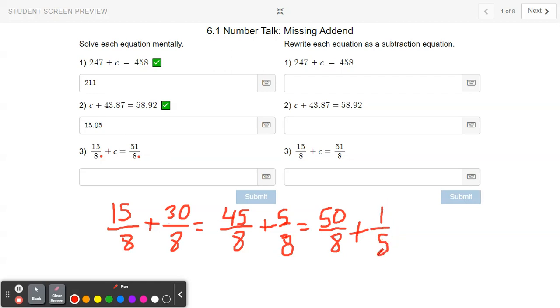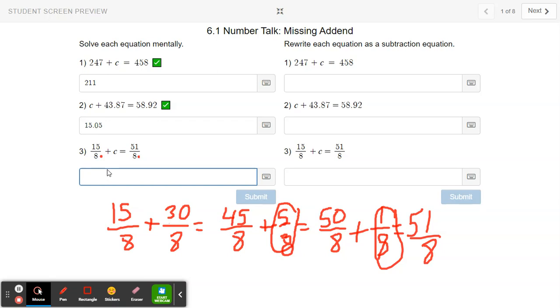And again, I'm just going to add up how many did I have to add on total to get the answer 51. So I know I did right here, that's 5/8 and 1/8, that's 6/8 plus 30. So I know I added on 36/8. And I get the right answer there. Okay.